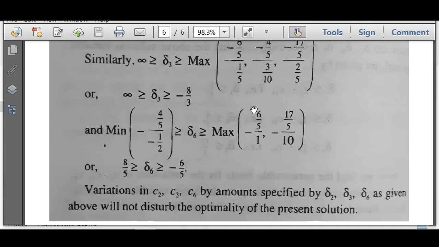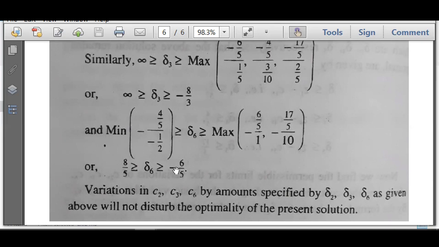So if you vary this within this amount, then the optimal solution will remain as it is, and there will be no change in the optimality condition or the feasibility condition. So this is the sensitivity analysis. Now there was another thing attached to it: how sensitive is your solution to the change of these coefficients?